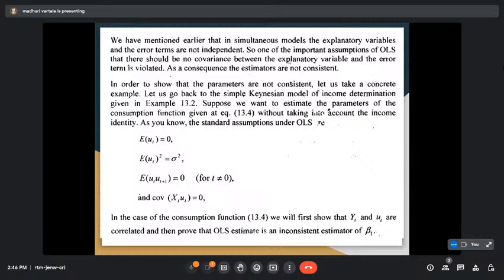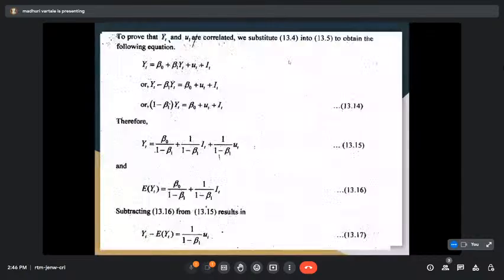So for that we deal with the equation yt is equal to beta 0 plus beta 1 yt plus ut plus it, or yt minus beta 1 yt is equal to beta 0 plus ut plus it, where 1 minus beta 1 is common to yt.